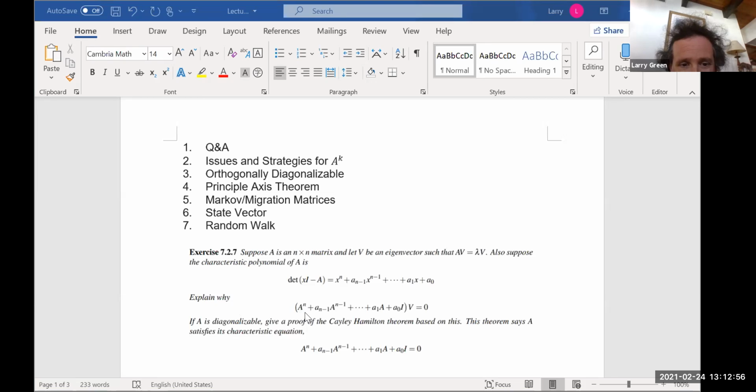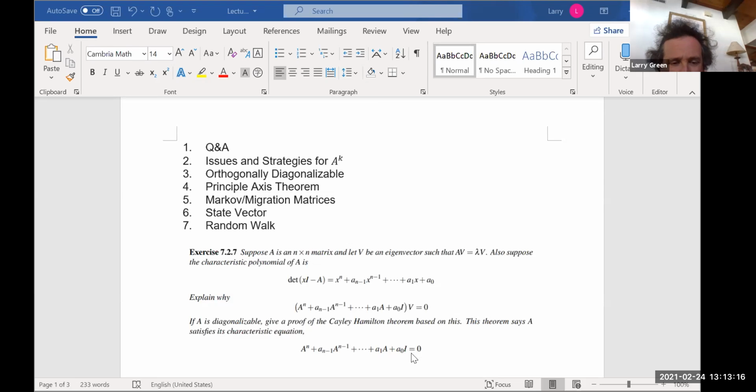Explain why a to the n plus a sub n minus 1, a to the n minus 1, plus and so on, times v equals 0. So we have to explain that. And then if A is diagonalizable, give a proof of the Cayley-Hamilton theorem based on this. And the theorem says A satisfies its characteristic equation.